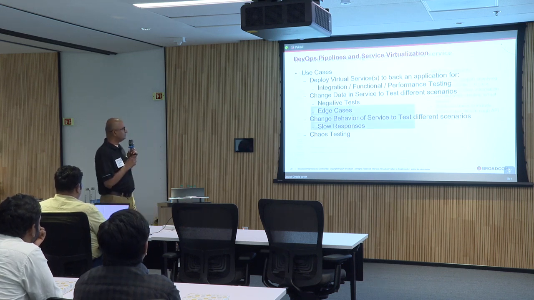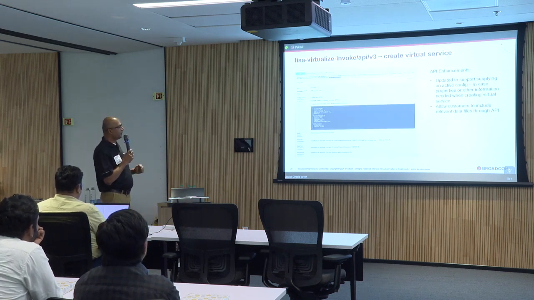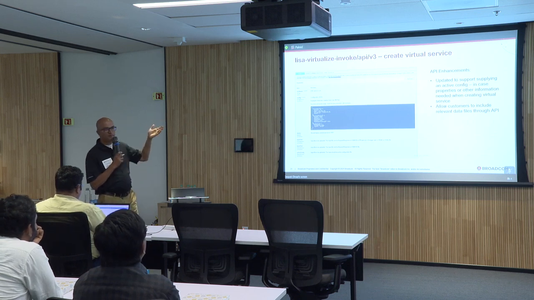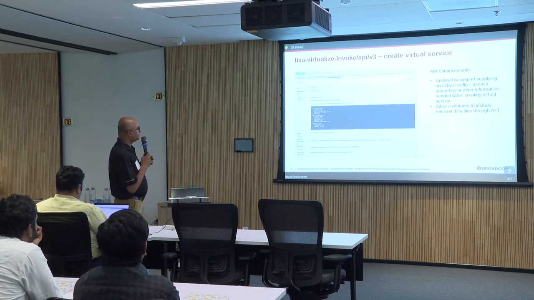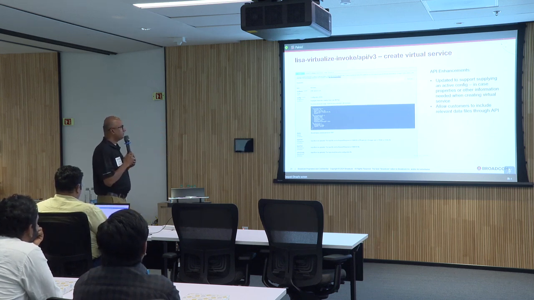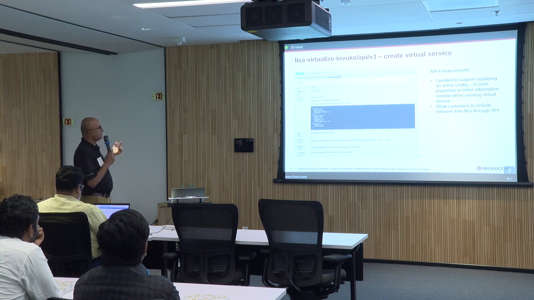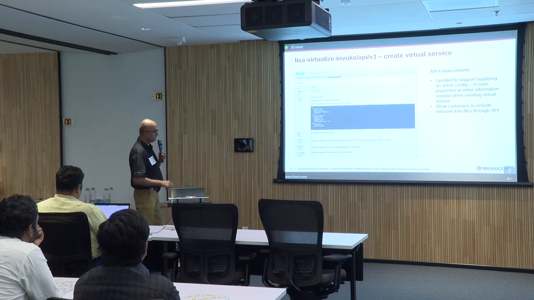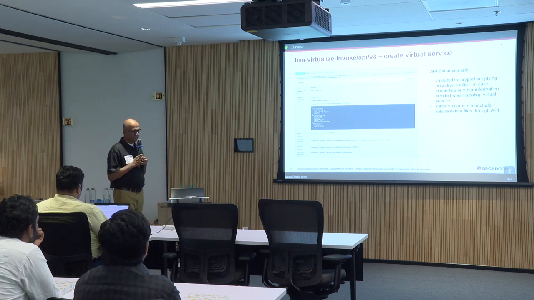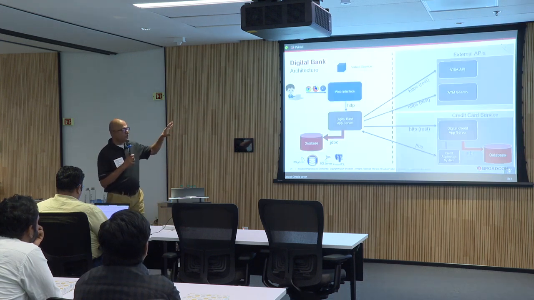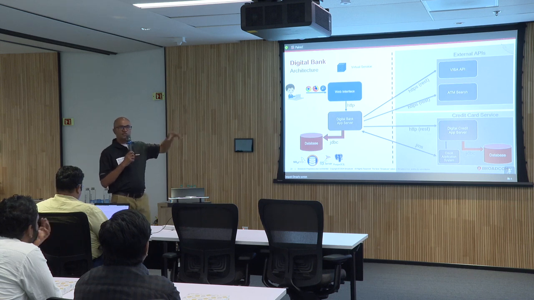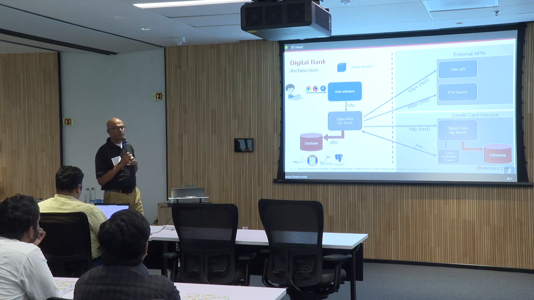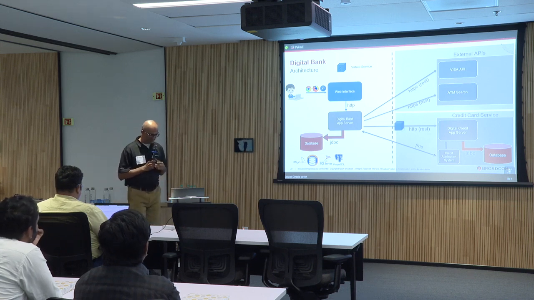You can go to that particular URL, provide the VSE name, and it gives you all the different statuses of the virtual service, environment, whatnot. Again, going back to the example of the digital bank, I'm going to show how I will be updating the ATM search feature of this virtual service.